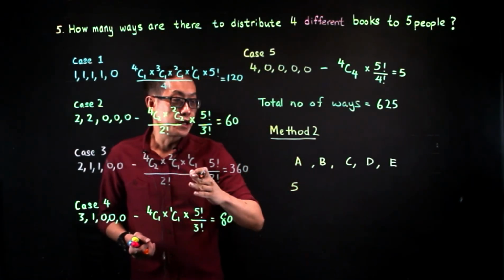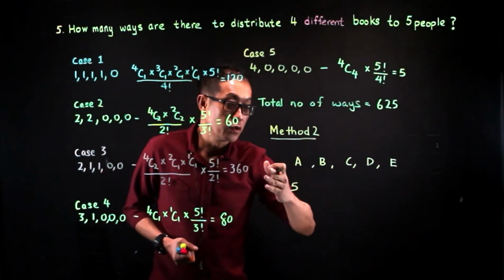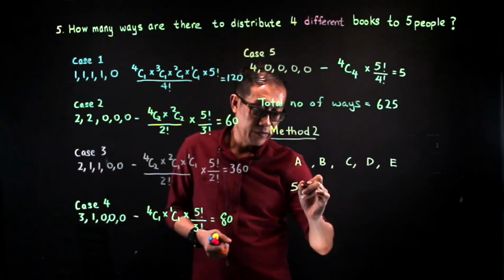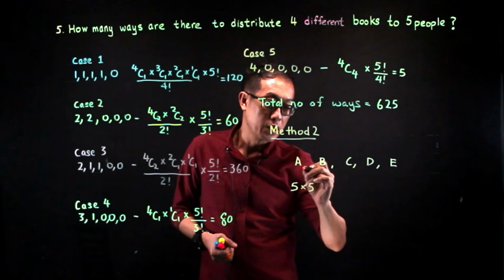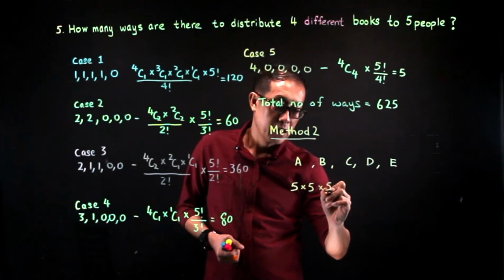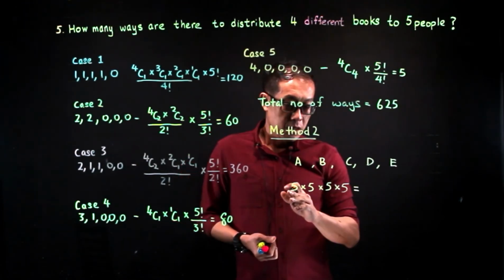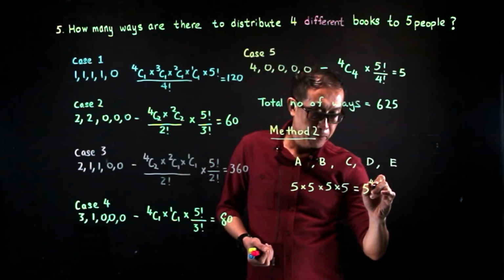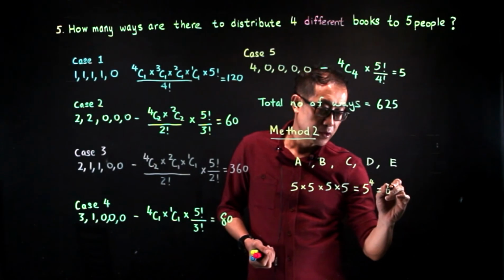The second book, how many ways to give out the second book is also 5. So 5 times 5. Third book is also 5. Fourth book also 5. So in total there are 5 to the power of 4 ways. So your answer is 625.